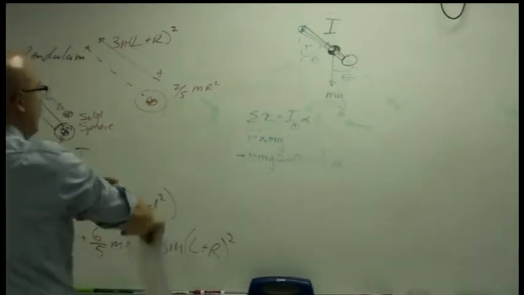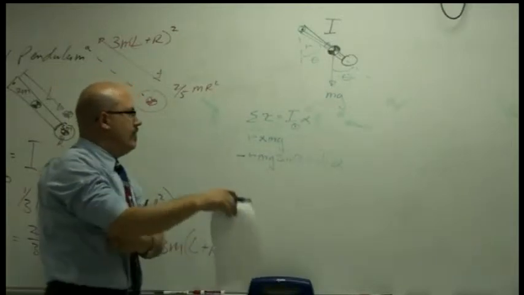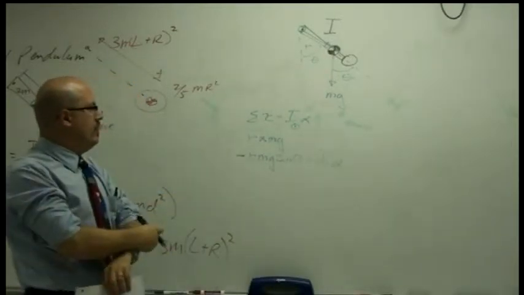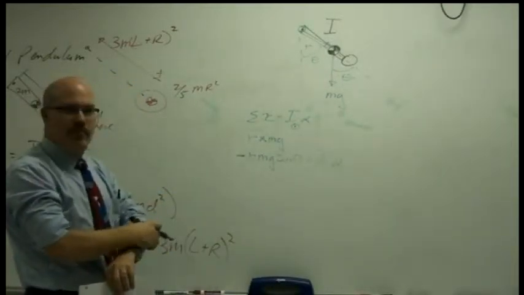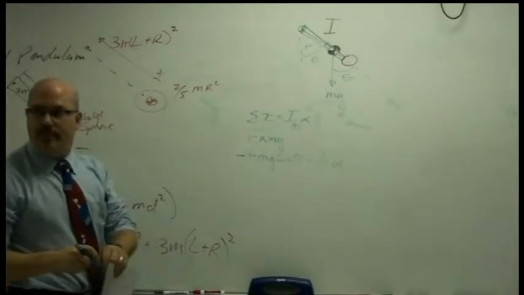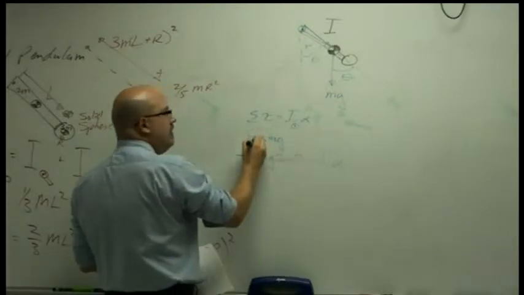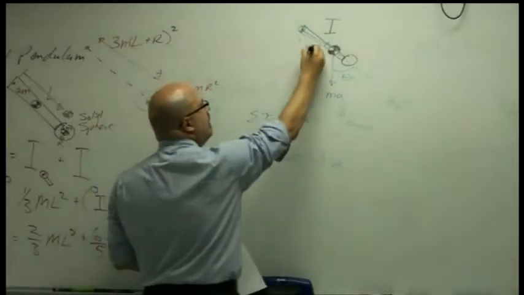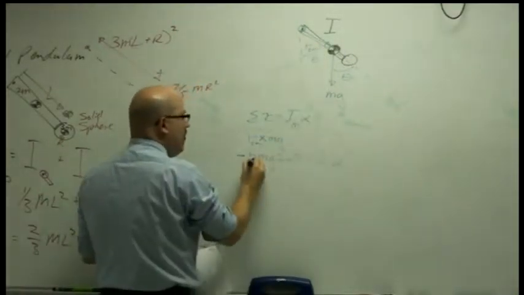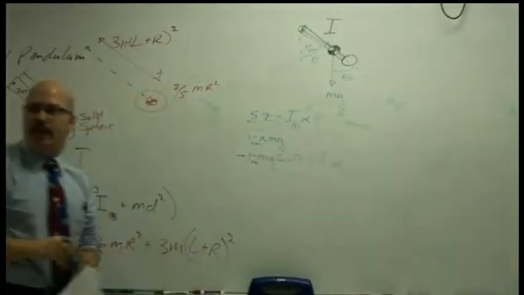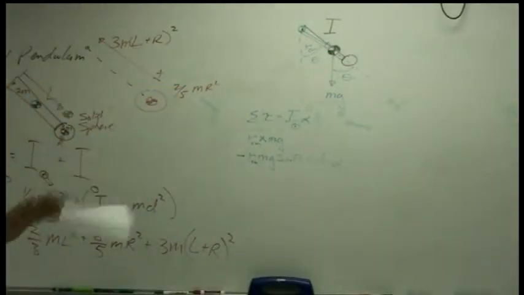Is R the length, or the center of mass? This R is the distance to the center of mass. So if you want to put that in there, that's R cm, the radius to the center of mass. I'm going to drop that probably, so I don't want to keep writing it.